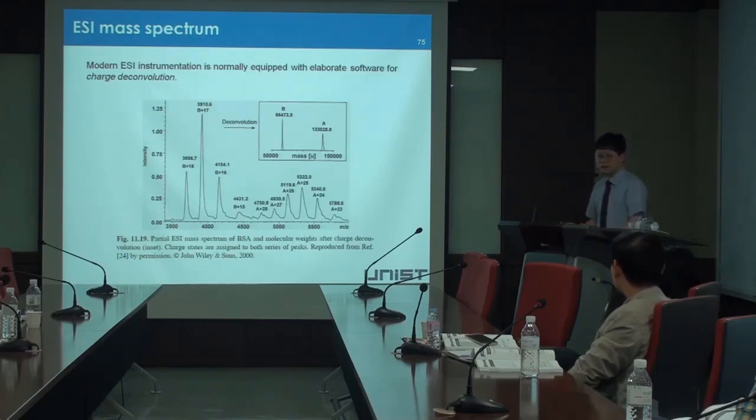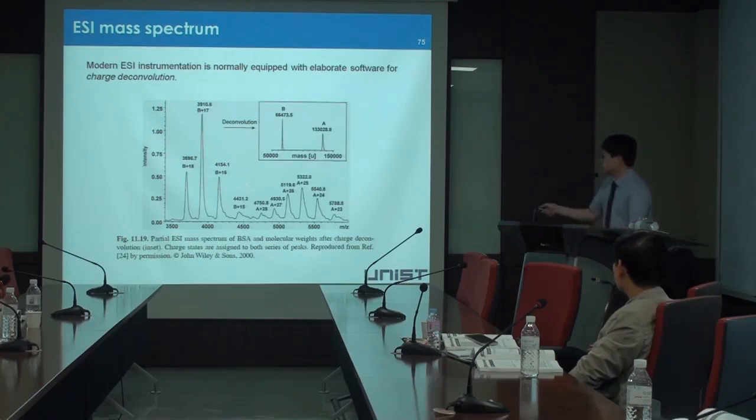Different charge states show different peaks because the m/z value changes: plus 2, plus 3, plus 4, and so on. Based on a mathematical formula, we can calculate this into a single peak and this into a single peak. This is called the deconvolution method. But it's a good concept to see.